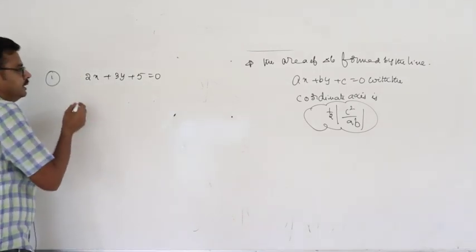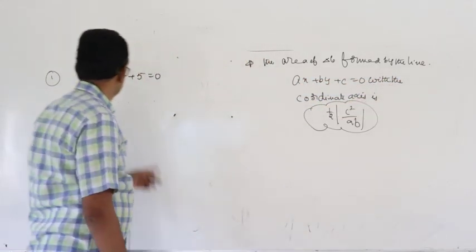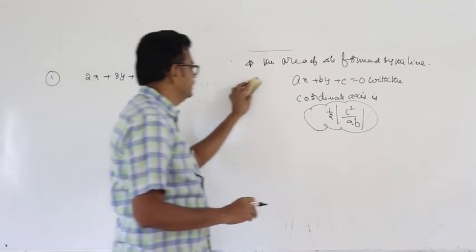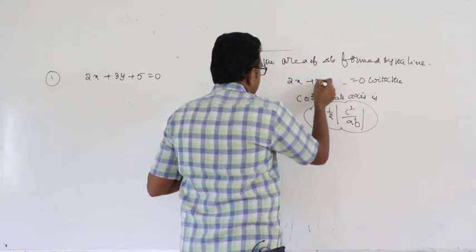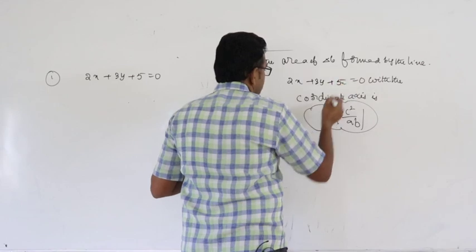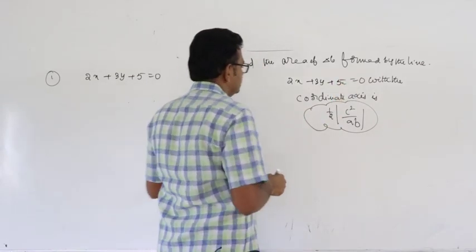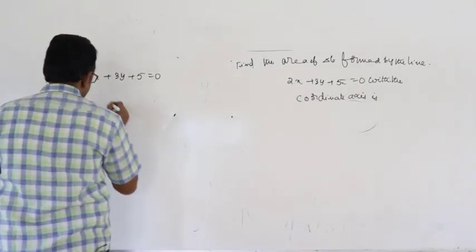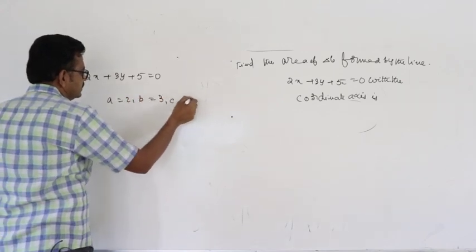So what is a equal to? a is 2, b is 3, c is 5.